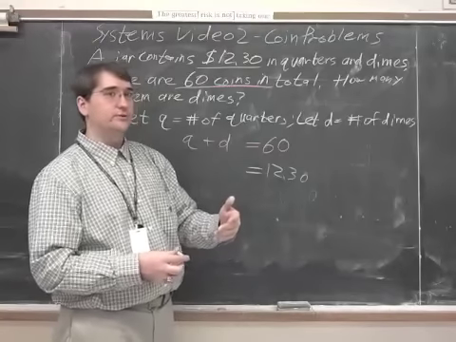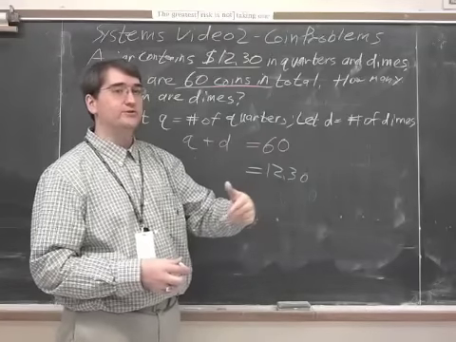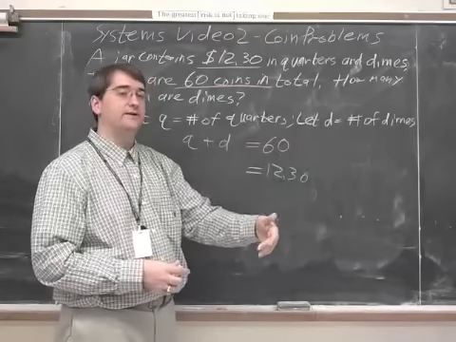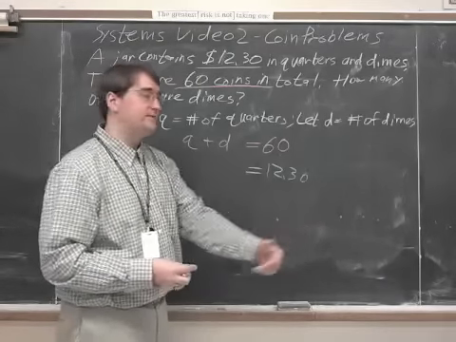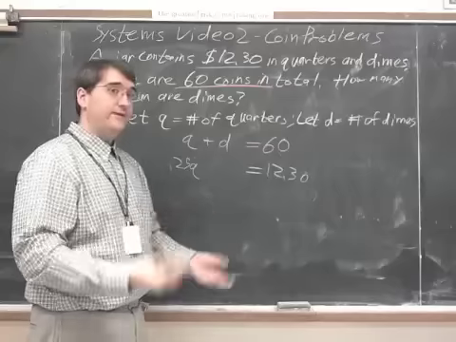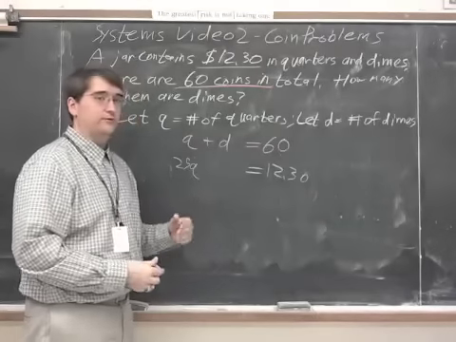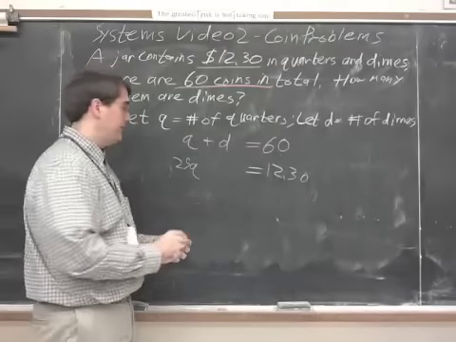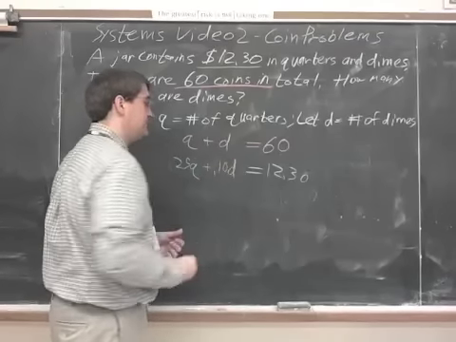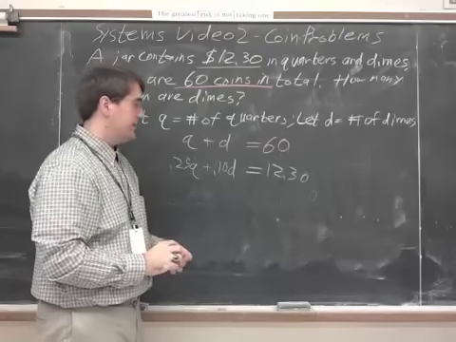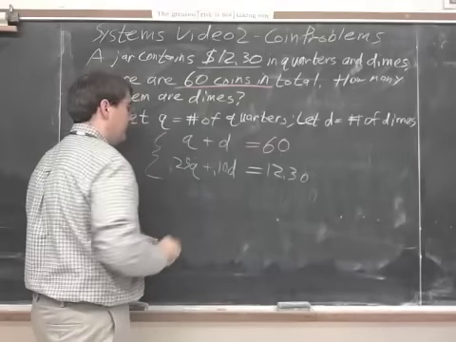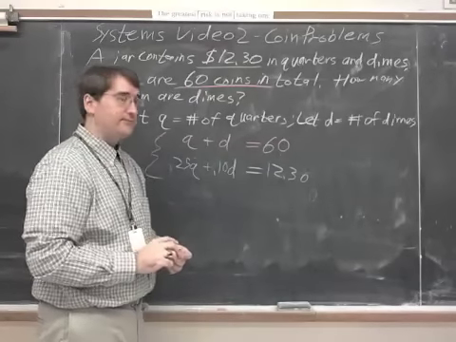So 1 quarter is 25 cents. 2 quarters, 2 times 0.25, 2 times 25 is 50, 50 cents. 3 times 25 is 75, 75 cents. So 0.25Q is the total value of the quarters that I have. And then 0.10D, 10 cents times the number of dimes. And so that's my two equations. That's the system of equations that I have.